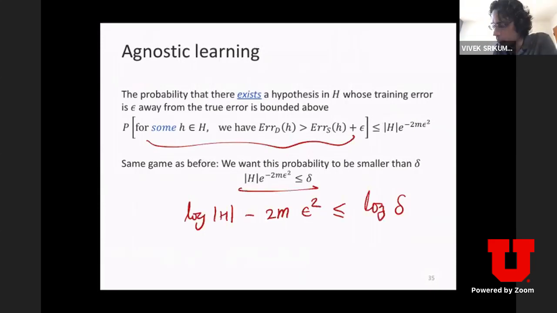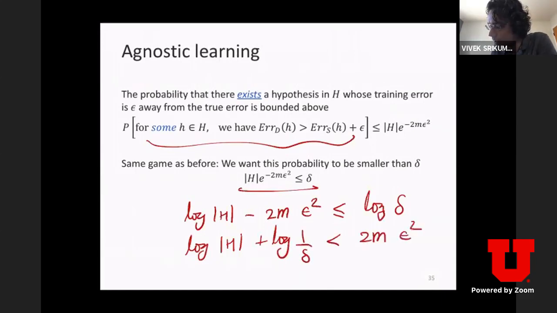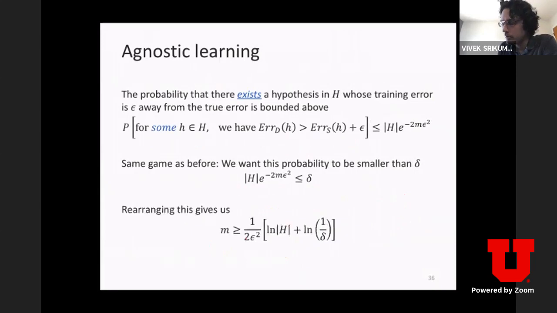I can move things around once again, so log size of H plus log 1 over delta is less than 2m epsilon squared. And now if you move the epsilon down and swap the direction of the inequality, you get m greater than 1 over 2 epsilon squared times the quantity log size of H plus log 1 over delta.